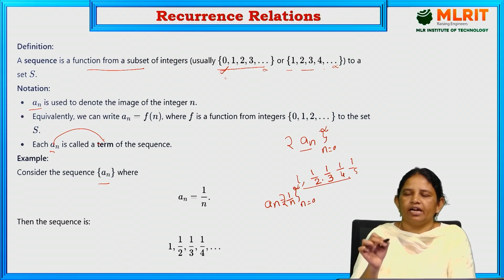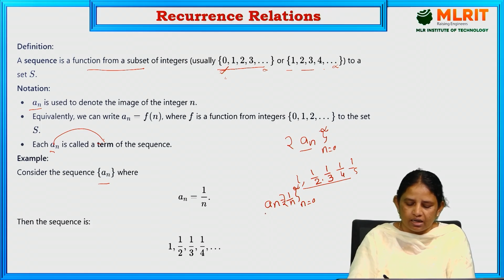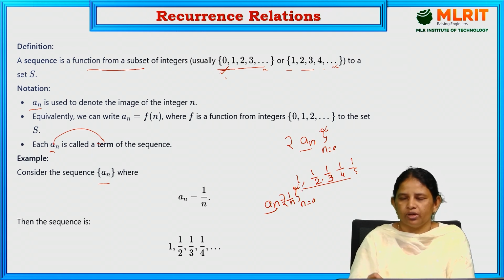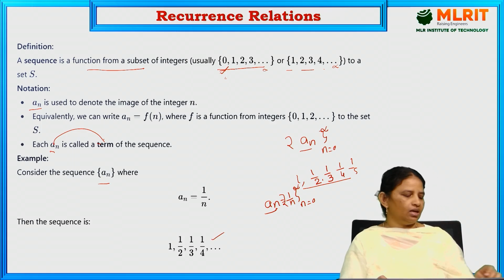Instead of writing each and every term in the expansion, we can simply use the term of the sequence, an, and define the n value from 0 to infinity. Then it is called a simplified term in the expansion.